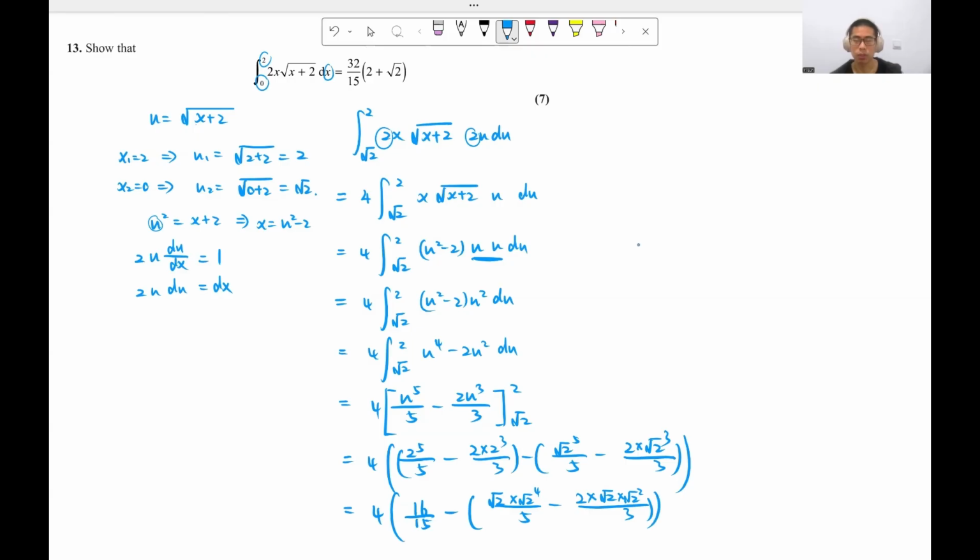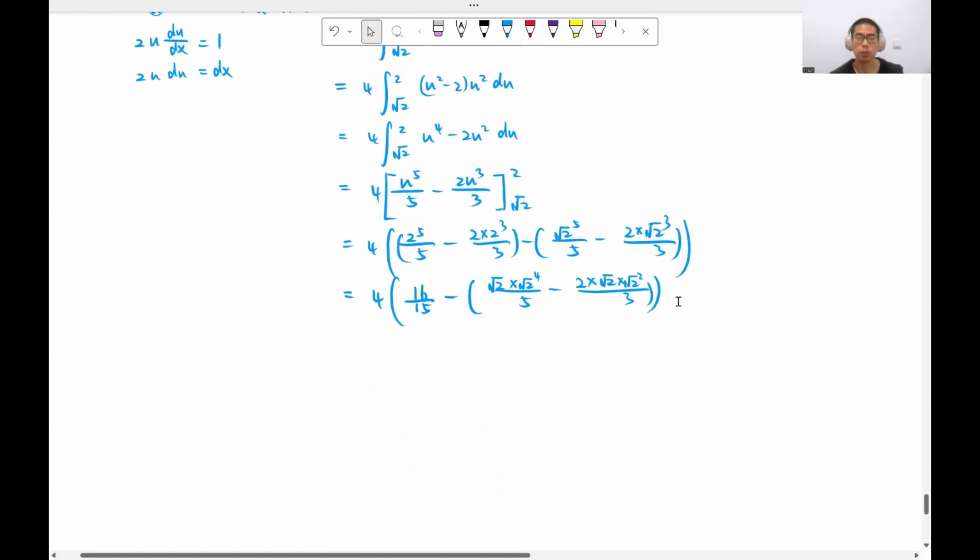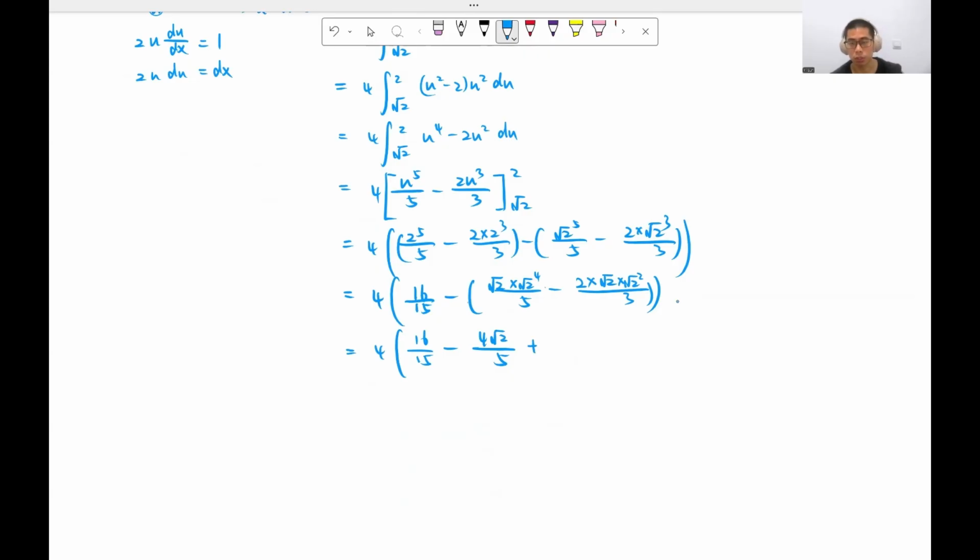Because if we put everything in the calculator, it won't simplify for us, so we have to do this step by step. So 4 times 16 over 15 minus, root 2 to the power 4 we can put in, that will be just 4. So I have 4 root 2 over 5. And negative, make it positive. Root 2 squared is 2, 2 times 2 is 4.